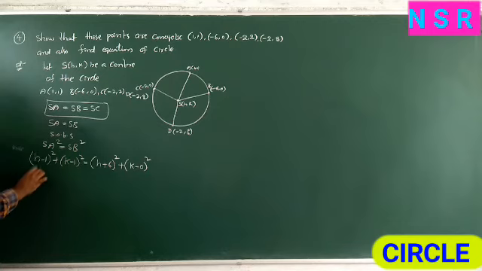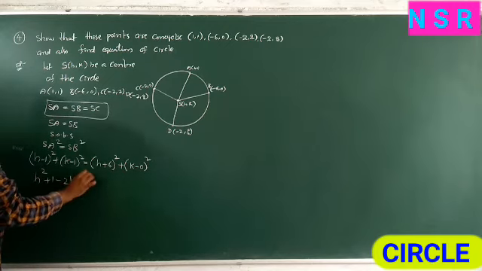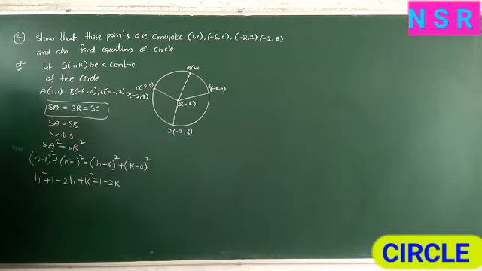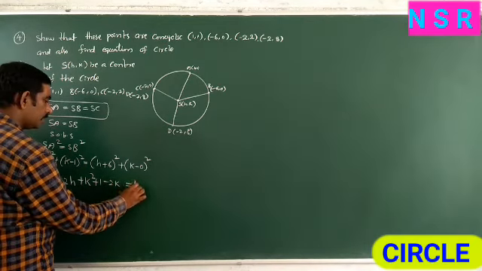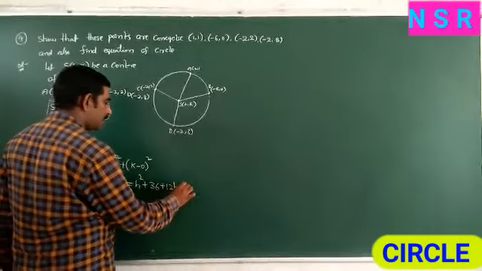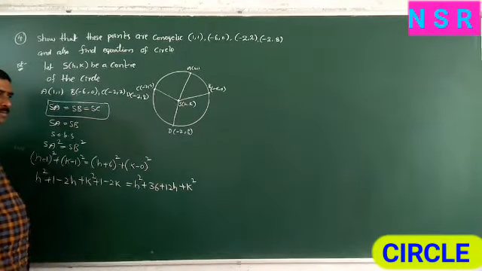So we get h square plus 1 square, 1, minus 2 into h into 1, 2h, using a square plus b square minus 2ab. Next k square plus 1 square, 1, minus 2 into k into 1, minus 2k, equal to h square plus 6 square, 36, 6 twos are 12 into h, 12h, and k minus 0 square, k square.